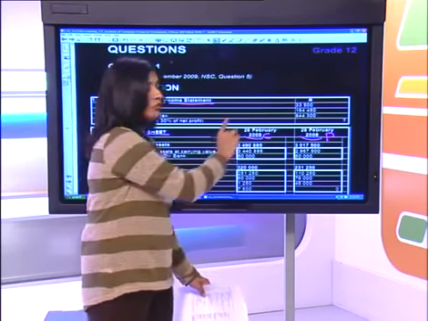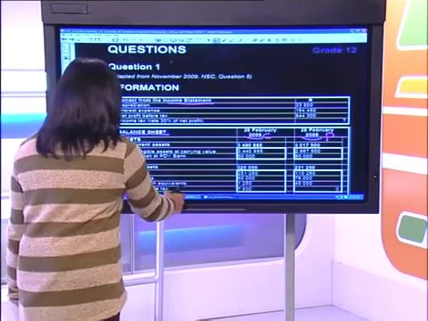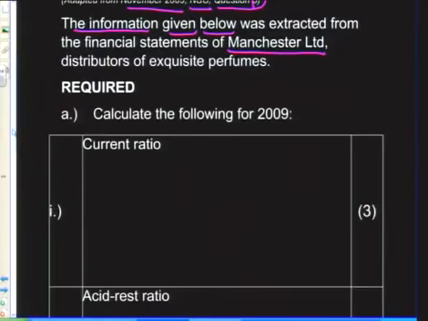It's absolutely important that you don't mix the two. Right, let's now look at our questions, and we'll come back to that information. The first question wants me to calculate the following for 2009, so in other words, for the current year.